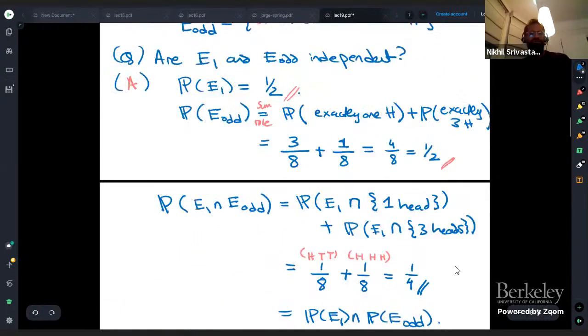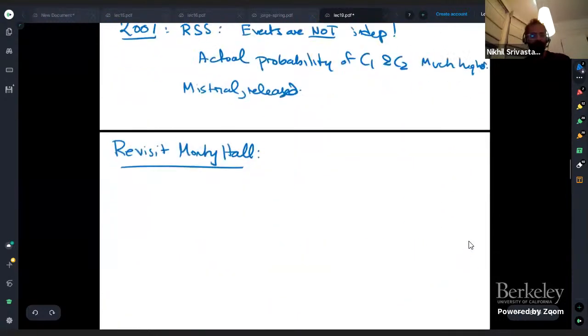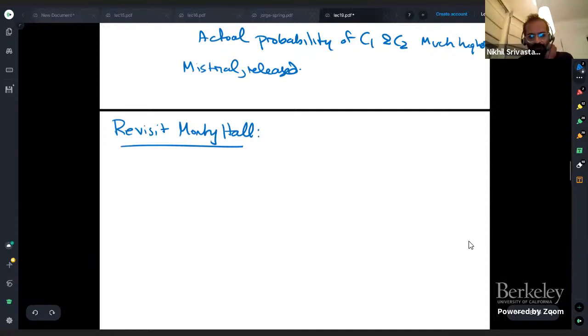Now we're doing more sophisticated things. Using these laws, we can compute probabilities without just enumerating everything. And so the question was, can you revisit Monty Hall using these more advanced concepts? And the answer is you can, and it's on the homework. There's a guided set of steps for how to do it.